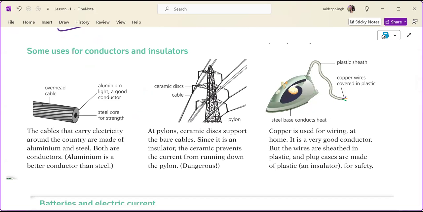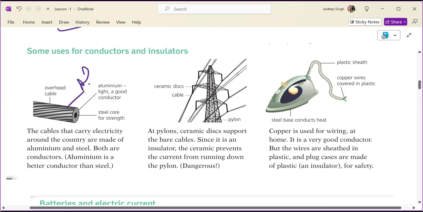See, look at this structure. It is an overhead cable. Cables carry electricity around the country, and these are made of aluminium and steel. This outer core is made of aluminium, and this one is the steel core.